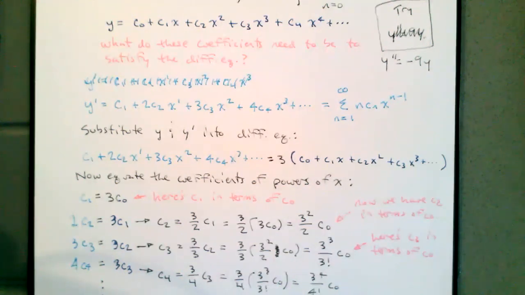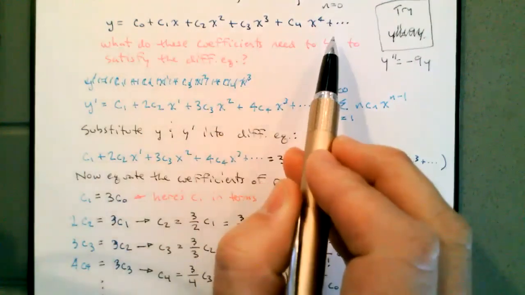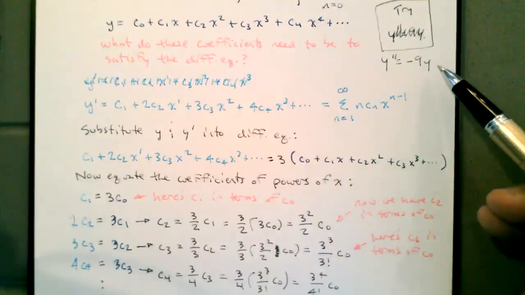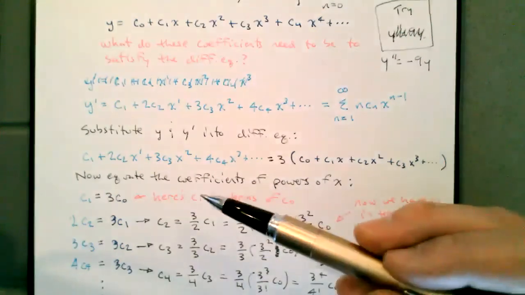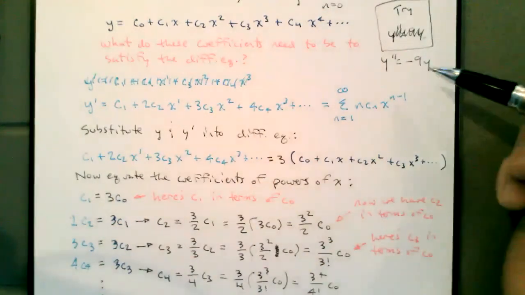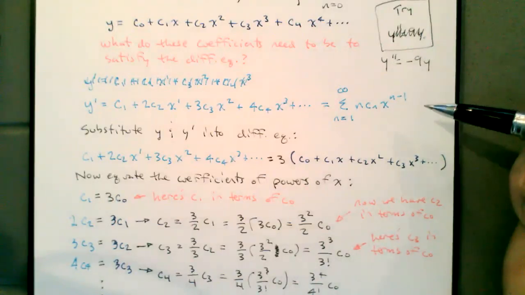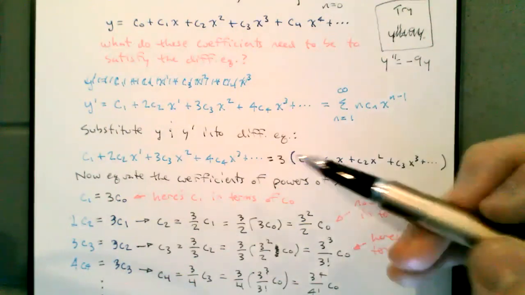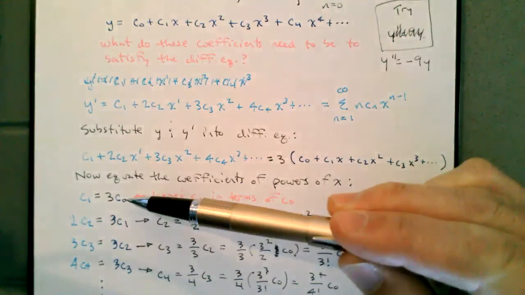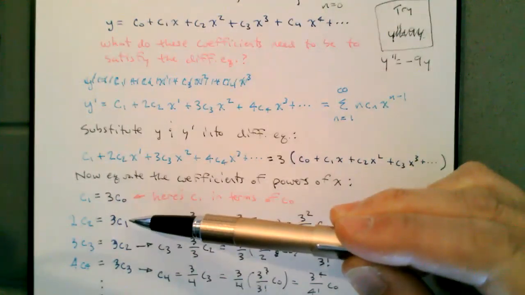So take two derivatives of our guess at what y should look like, plug them into this differential equation, and then start sorting out what the coefficients need to be. Since we know that there are two solutions to y double prime equals -9y, sine of 3x and cosine of 3x, we're going to write a bunch of stuff in terms of C0 and a bunch of stuff in terms of C1.